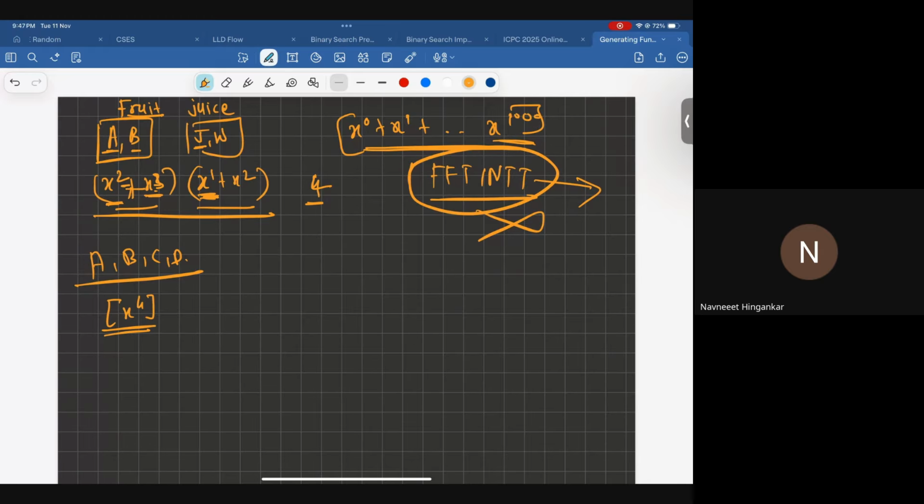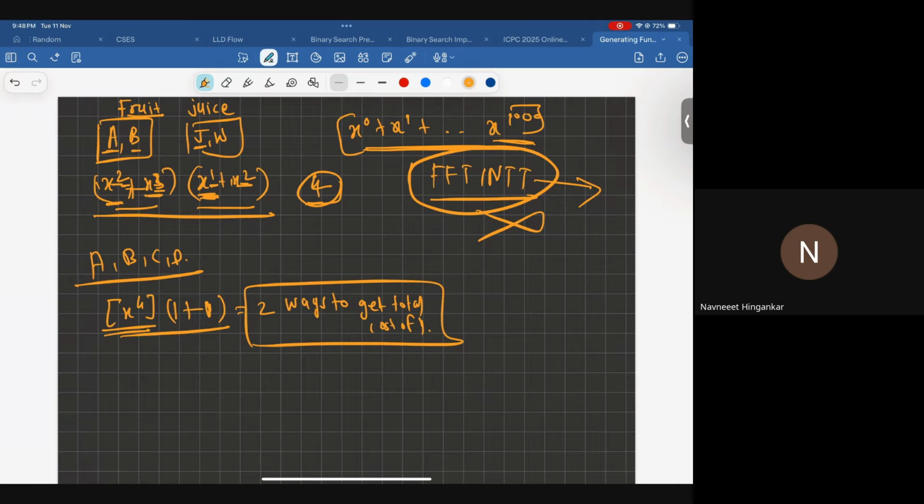This means I need the coefficient of x raised to the power 4, and it just means that 3 plus 1 equals 4, and 2 plus 2 equals 4. So again 1 into 1. So total 2 ways, total cost of 4.